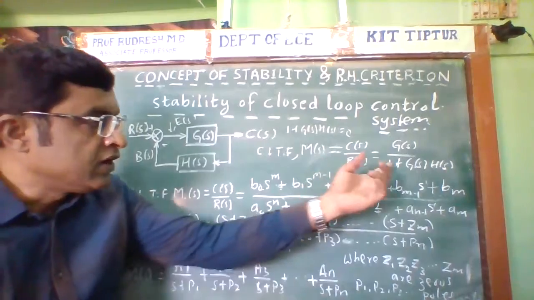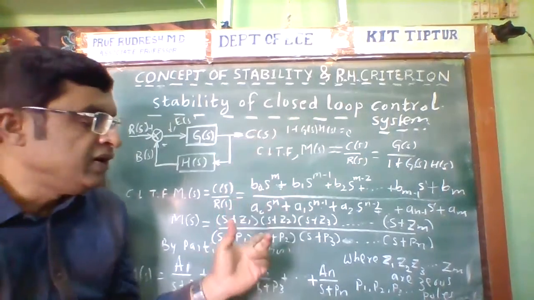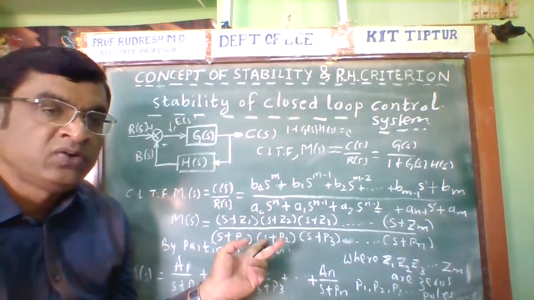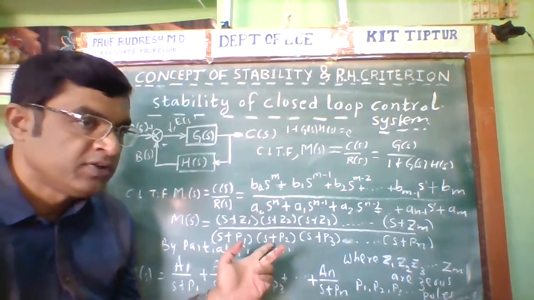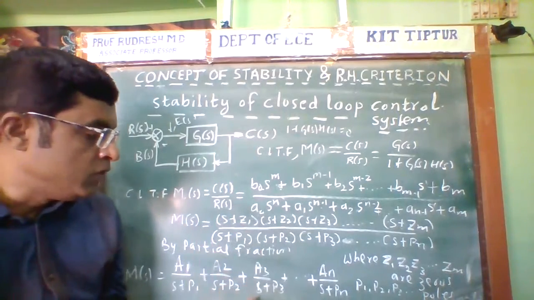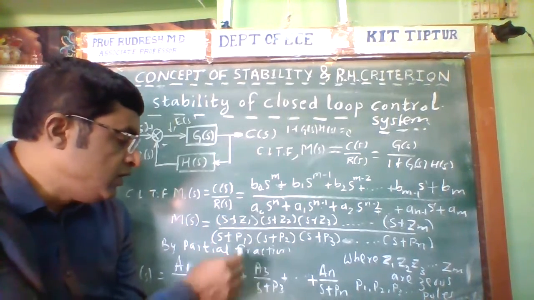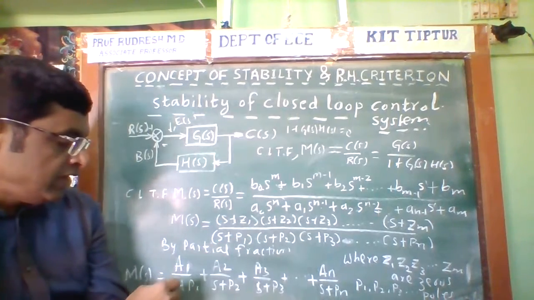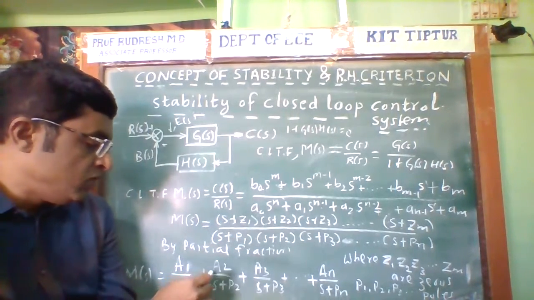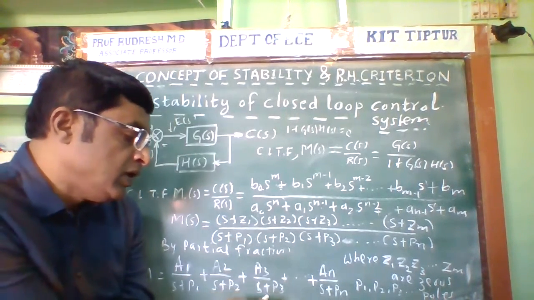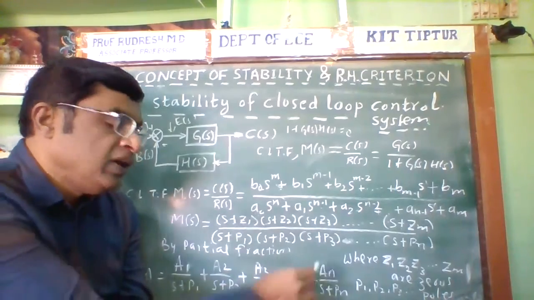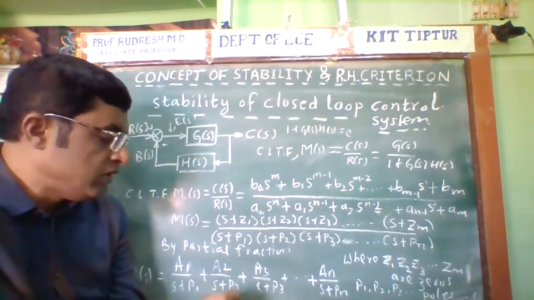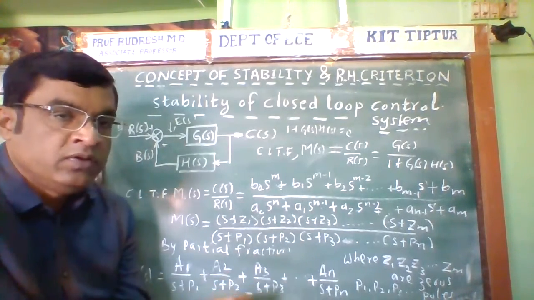If the characteristic equation is given, find the roots. The roots are called poles, the roots of the denominator polynomial. If the denominator is of the form a1 divided by s plus p1, a2 divided by s plus p2, and so on, then we can easily find the root values s1, s2.